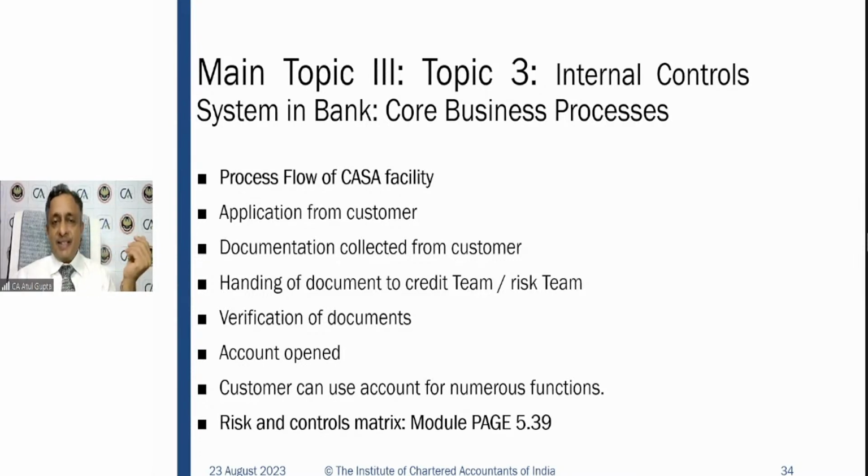This issue of KYC, know your customer norms, is very strict. A lot of banking fraud had occurred. So the modus operandi of the banking fraud and the way fraudsters were acting: authorities realized that in many cases, 10 years back, fraud was there, but when the authorities went to track the fraudster, they realized that the fraudster had given incorrect documents.